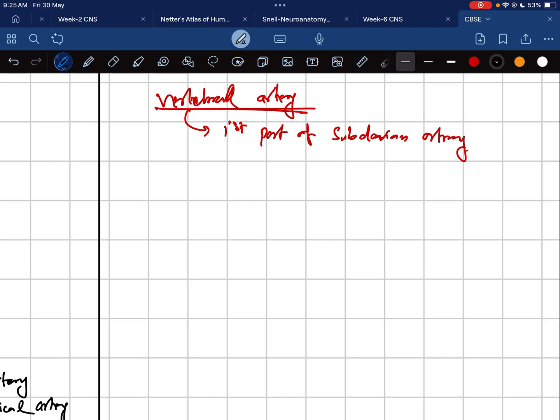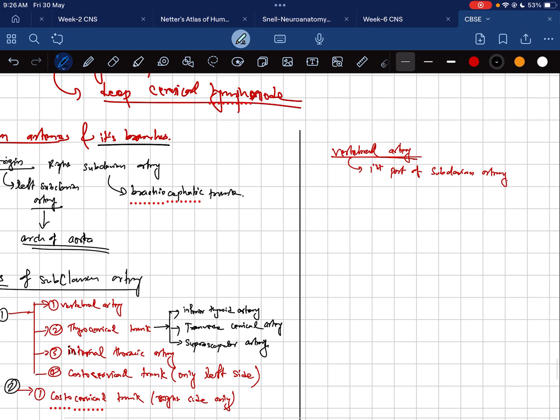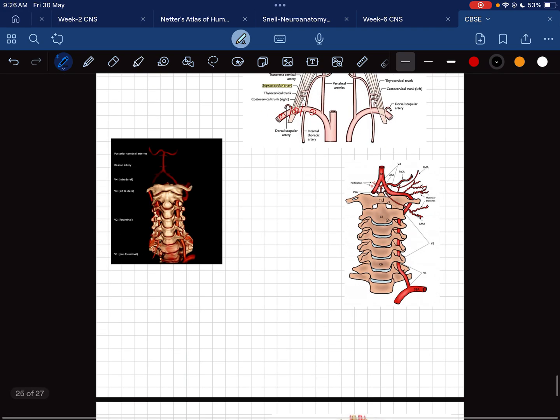transverse foramina of the upper six cervical vertebrae, and it winds backward around the lateral mass of the atlas in the suboccipital triangle, and it passes the posterior atlanto-occipital membrane, as we look in this image.